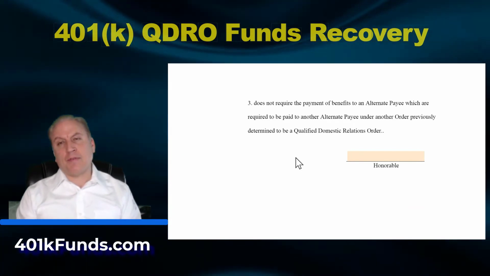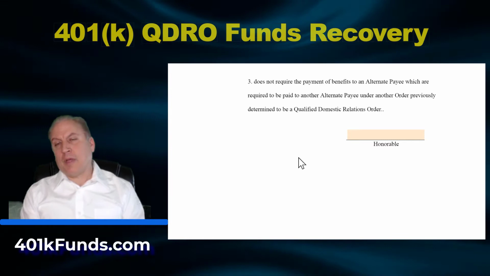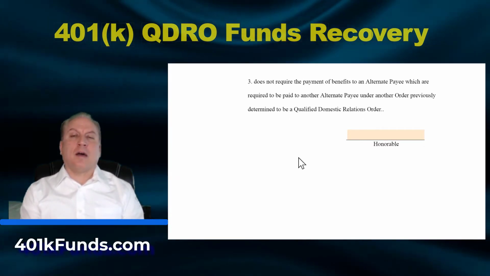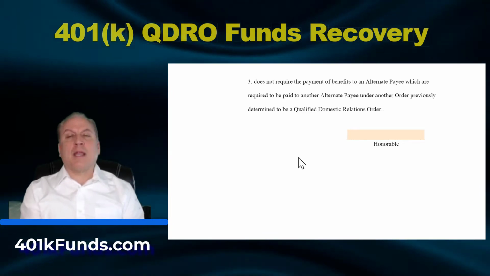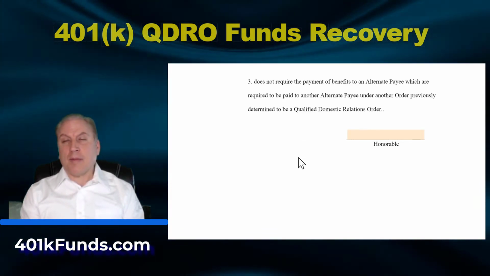It's also important to have the terms and conditions of how that distribution happens. Is it going to be a lump sum at the time of order? Is it going to be distributed at the normal rate of distribution of the funds in retirement?